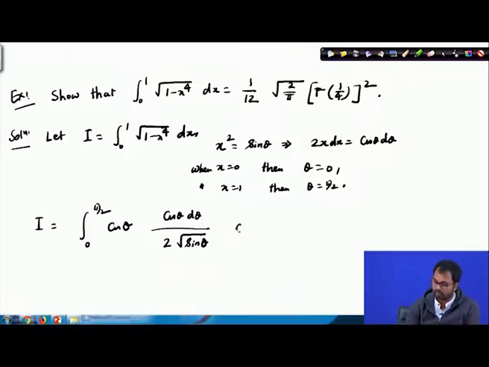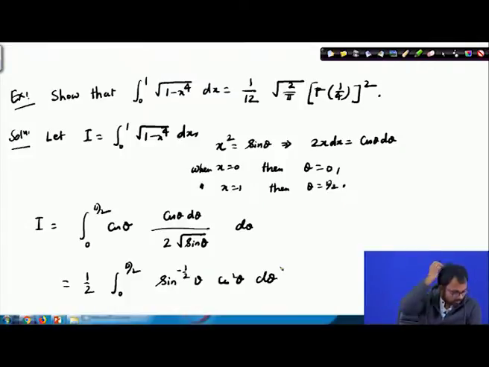So this is 1 by 2 times the integral from 0 to pi by 2 of sin to the power minus half theta cos square theta d theta.